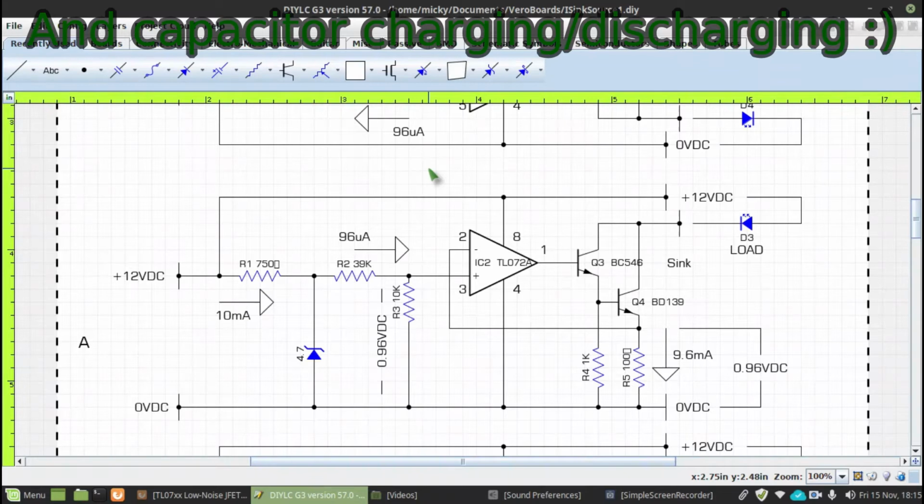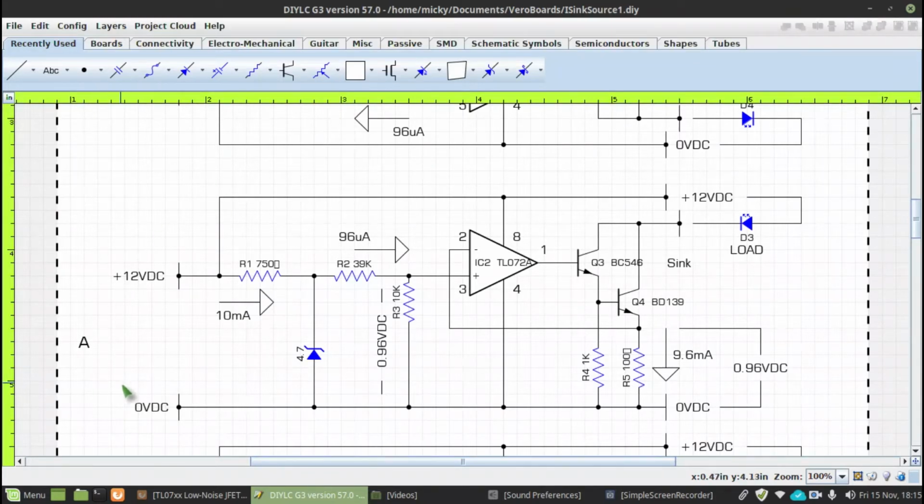There are many. Right here is the circuit that I designed, and I'll start off at the very beginning. We've got a supply voltage here of 12 volts DC. We've got a reference voltage here of 4.7 volts. Well, if you take 12 volts minus 4.7, that equals 7.3 volts.